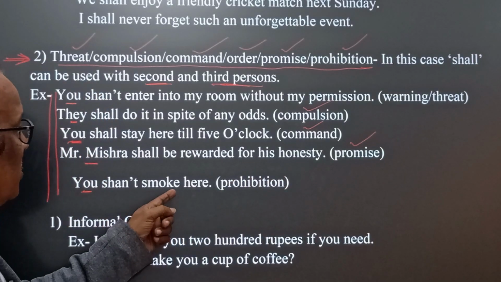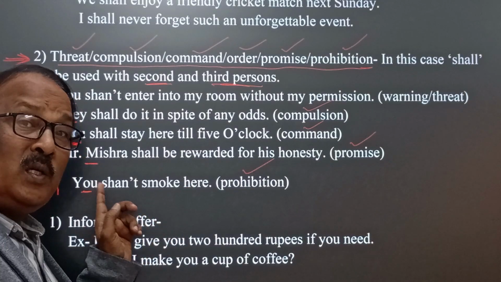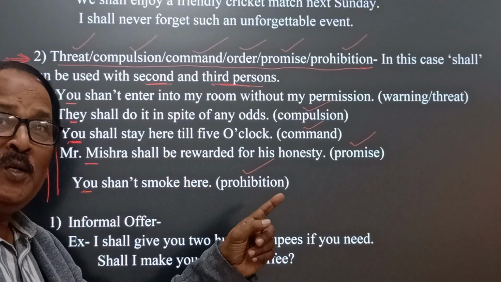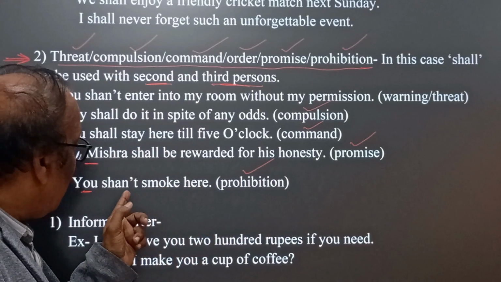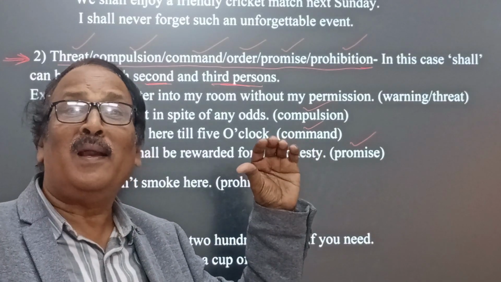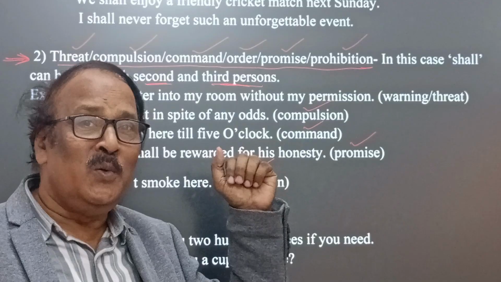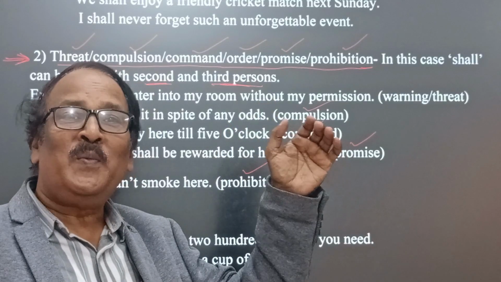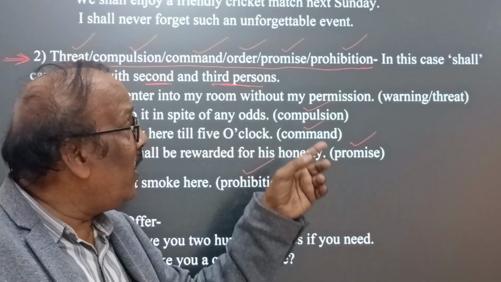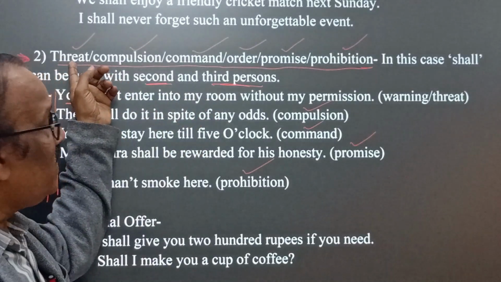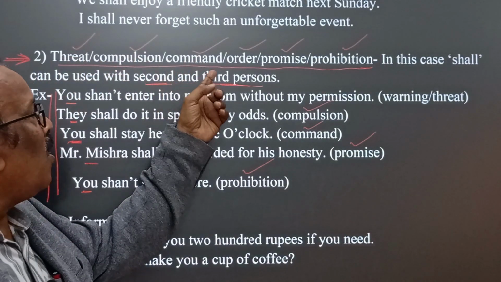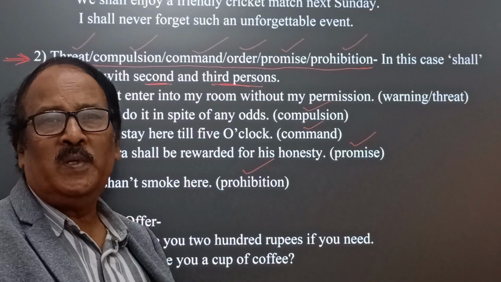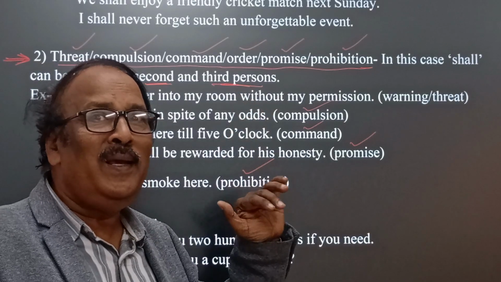You shan't smoke here. Here the speaker prohibits somebody from smoking. Here we find how shall can be used with the second person and third person whenever we want to express threat, compulsion, command, order, promise, prohibition. This should be carefully remembered.